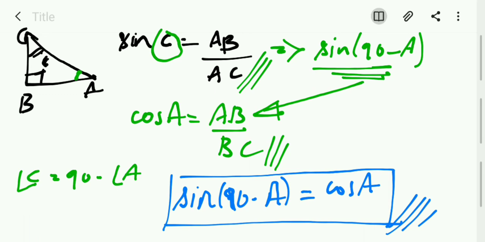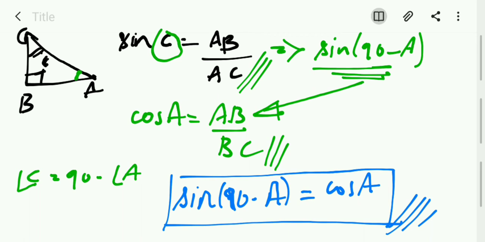Now similarly, shall we prove it for all the others? What should cos 90 minus A be then? So cos 90 minus A should be sin A, right? This is what you need to know, guys. Sine is the reverse of cos in terms of complementary angles.